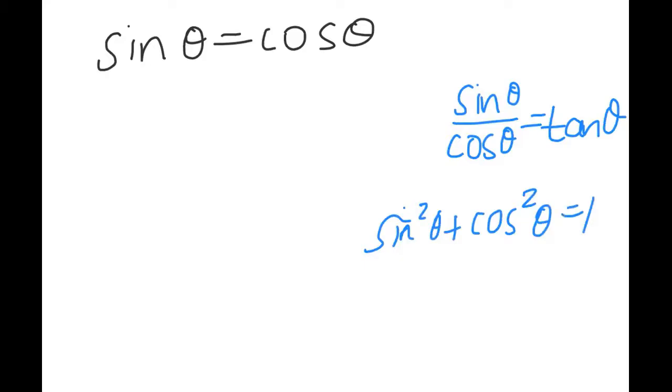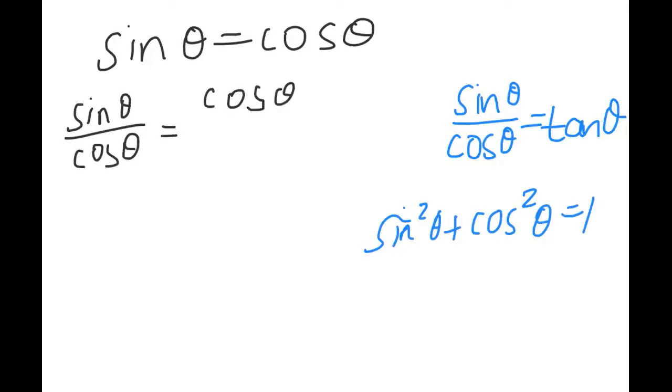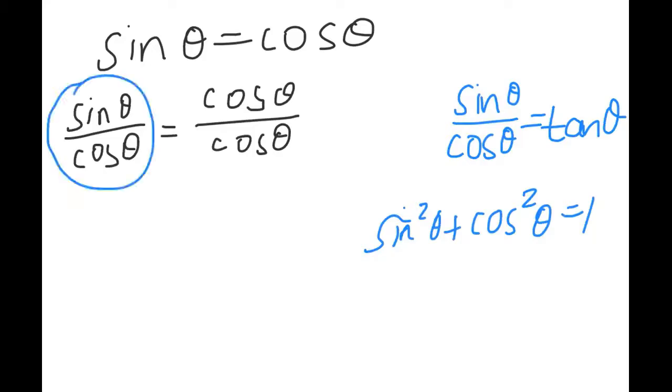So let's see what we can do here. I'm going to say sine theta, and I'm going to divide that by cos theta. And whatever I do on the left, I have to do on the right as well. So if I do that, then sine theta divided by cos theta is what I just showed you here, and that answer will be tan theta.